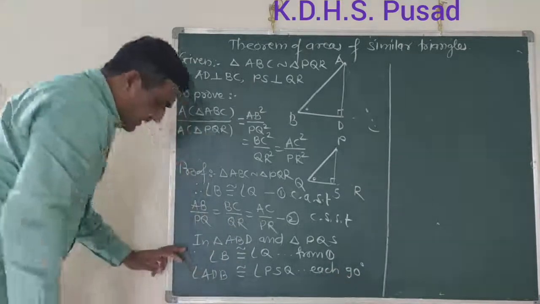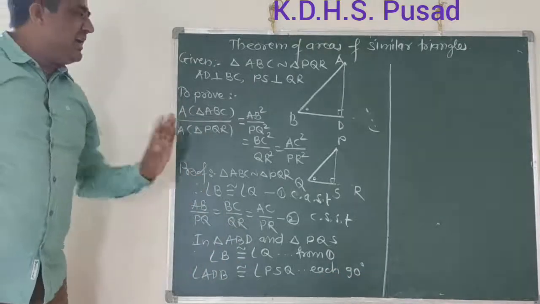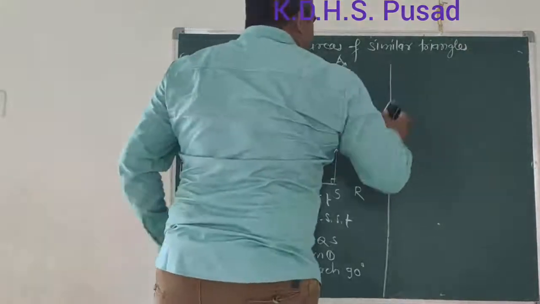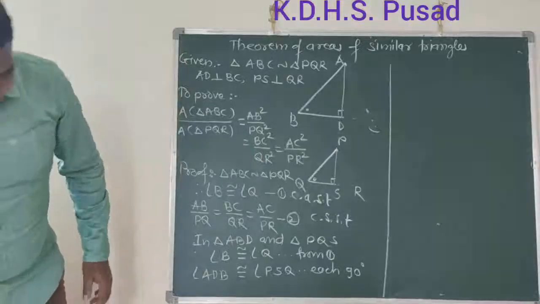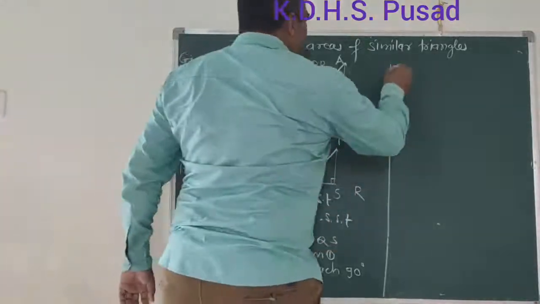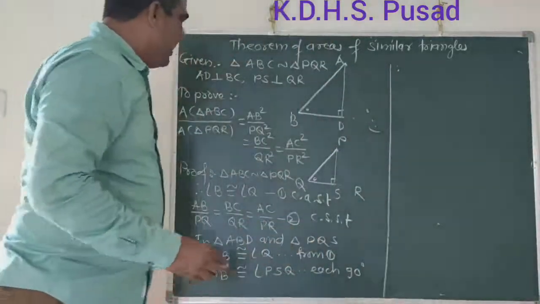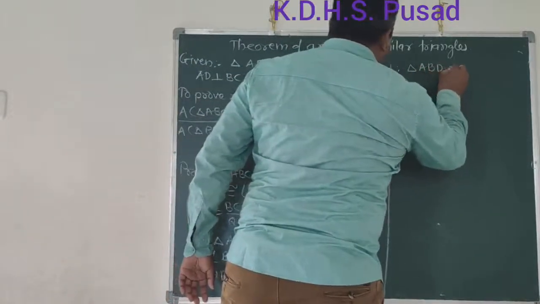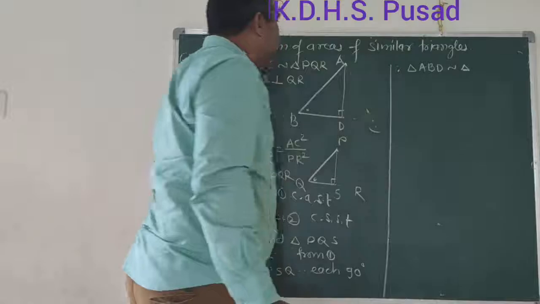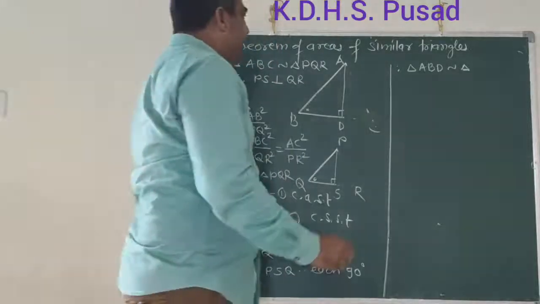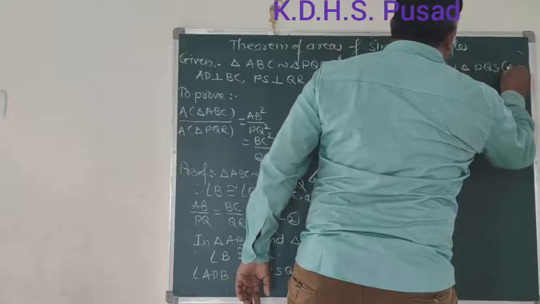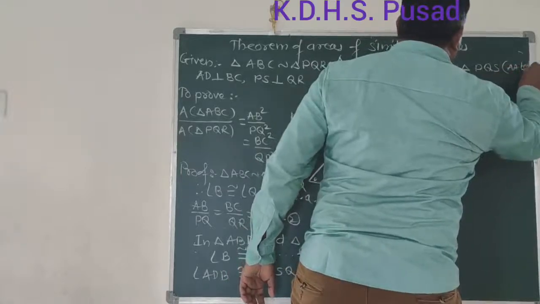So as two angles are congruent, that means the triangles are similar by AA test. Therefore, triangle ABD similar to triangle PQS. Now check proper correspondence, yes, by AA test.